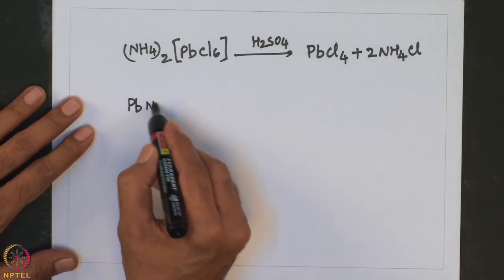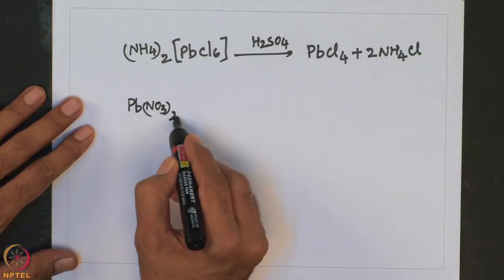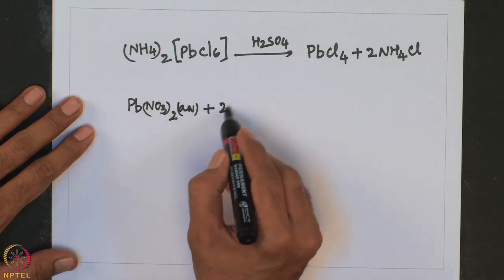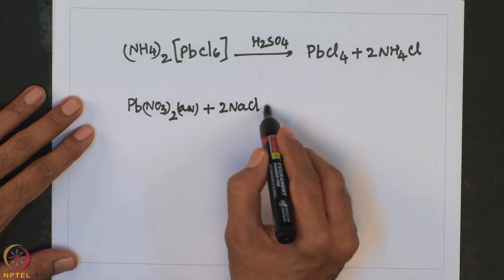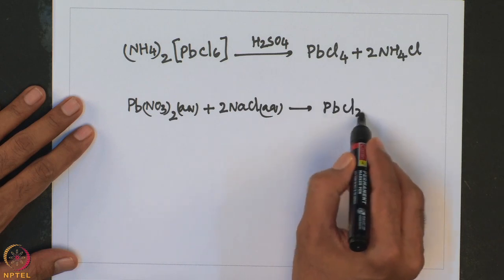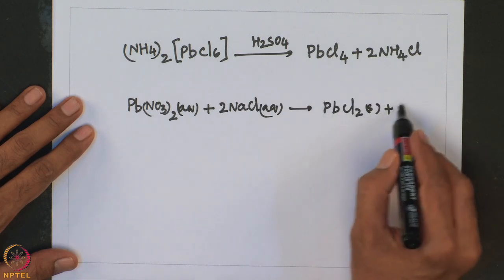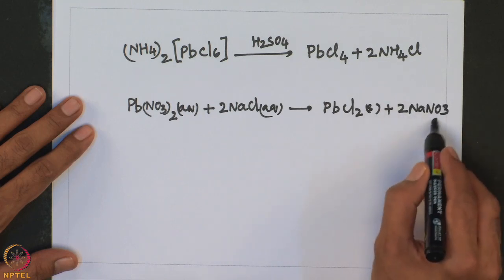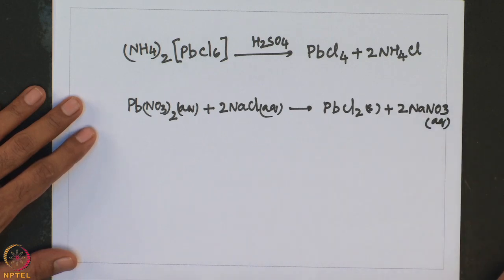For example, lead nitrate in aqueous medium, when it is treated with sodium chloride, it forms PbCl2. So, in the solid state, lead chloride has a complicated structure with 9 coordinate Pb centers.